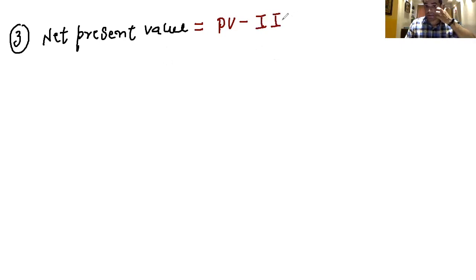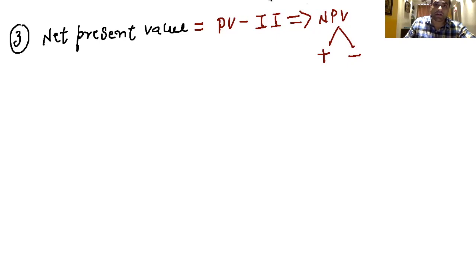That will give you NPV. NPV could be positive or negative, because if present value is more than initial investment, your NPV is going to be positive. If initial investment is greater than present value, then your NPV is going to be negative.